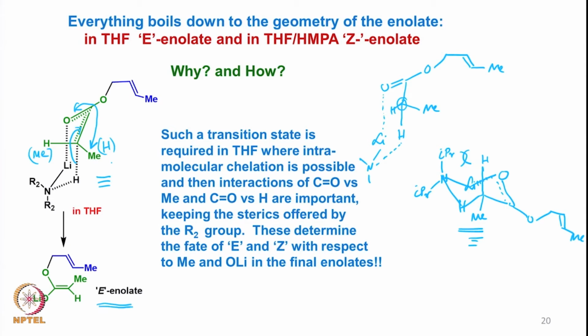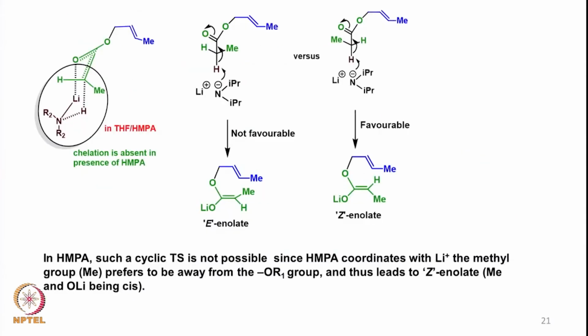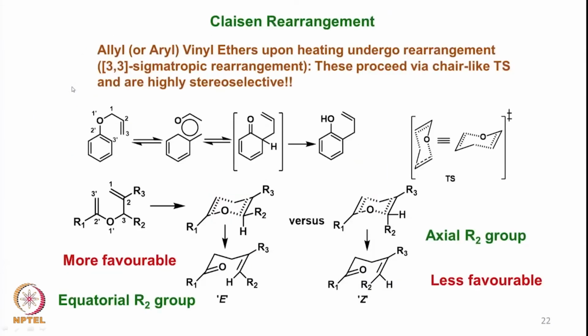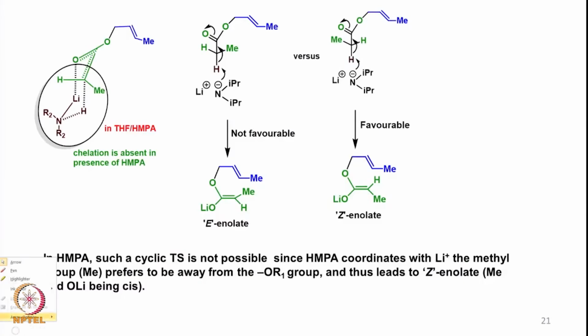Now what happens when we have HMPA added to it? When HMPA is added, this particular chelation breaks, and the molecule remains free, there is no chelation at all. So there are two orientations possible, one like this and the other like this.